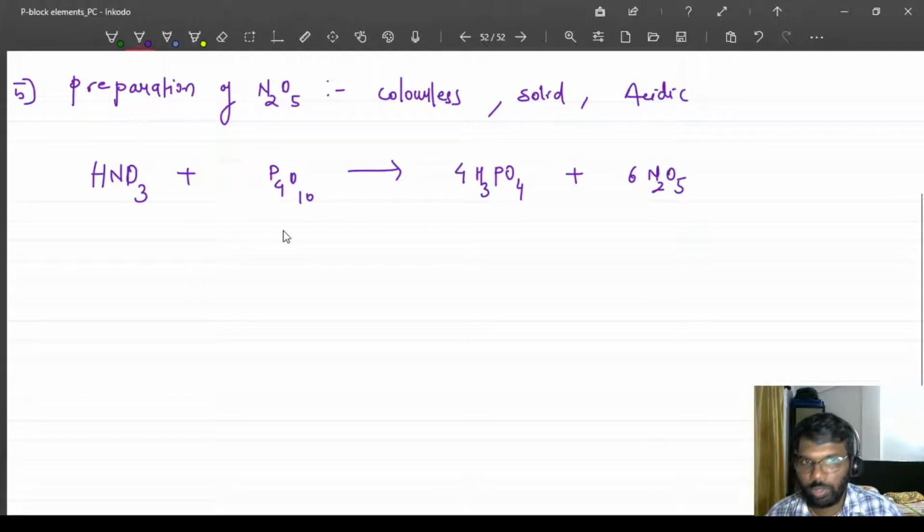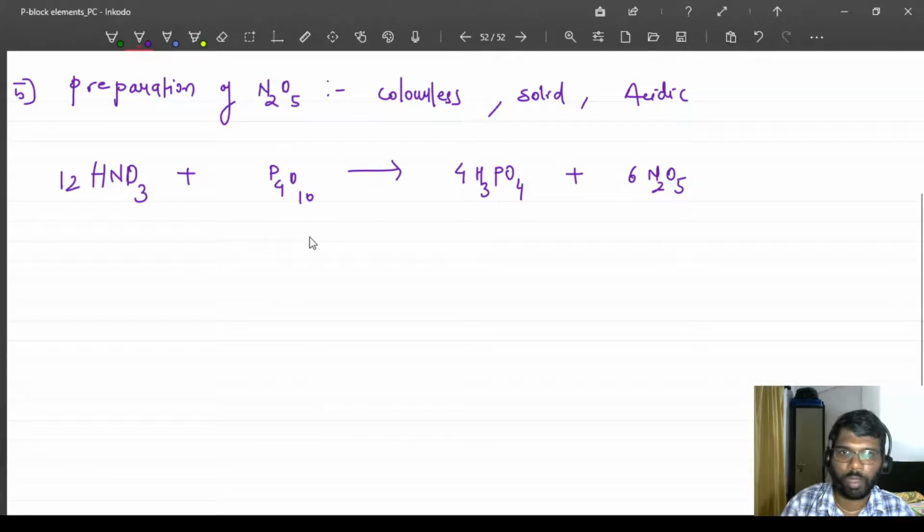To balance this, what I have to put here is 12. This is what you are getting.